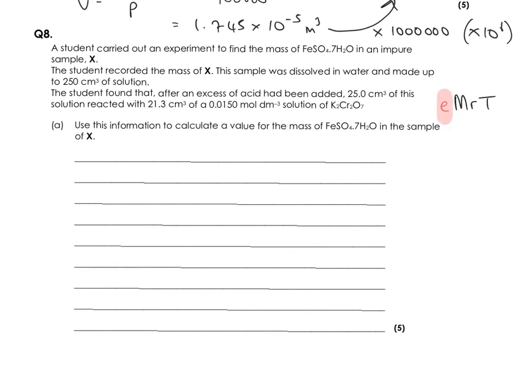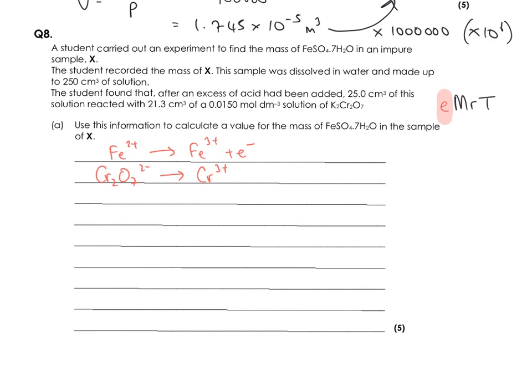So the equation is going to be the fact that we are reacting iron 2+, which is what the iron is in the iron sulfate, and that will oxidize to make iron 3+ and an electron. And then we're using dichromate ions, which are Cr2O7 2-, and that turns into Cr3+ when it's reduced. Now to balance this one, the first thing you need to do is balance the chromiums.